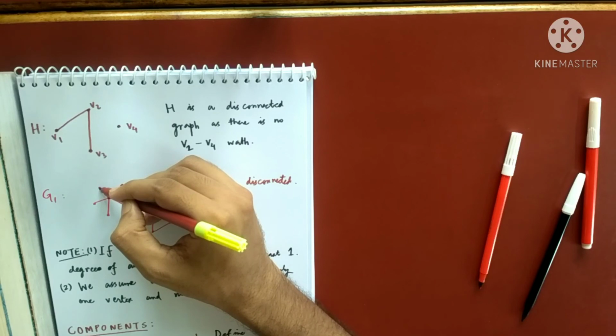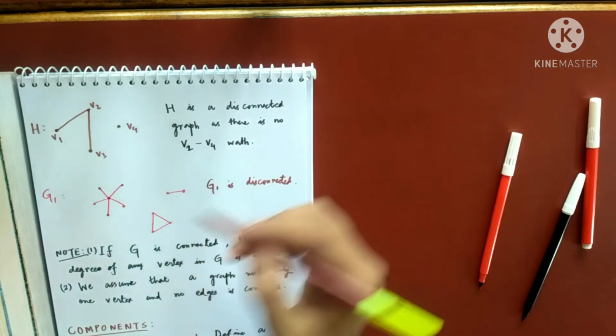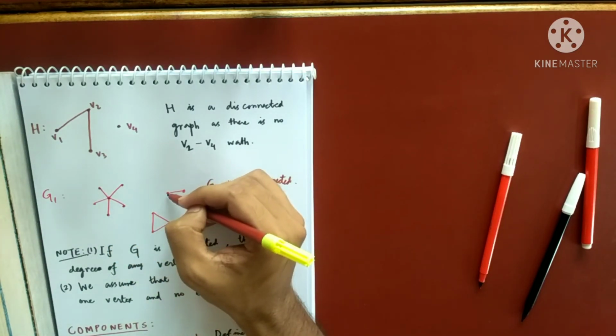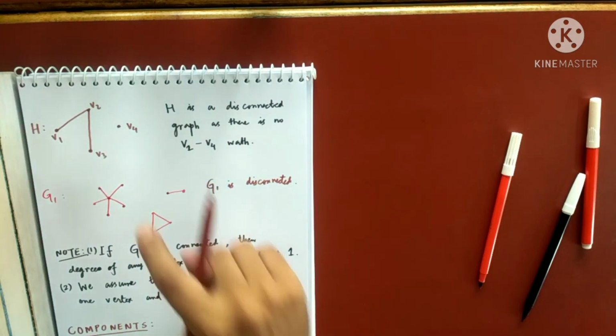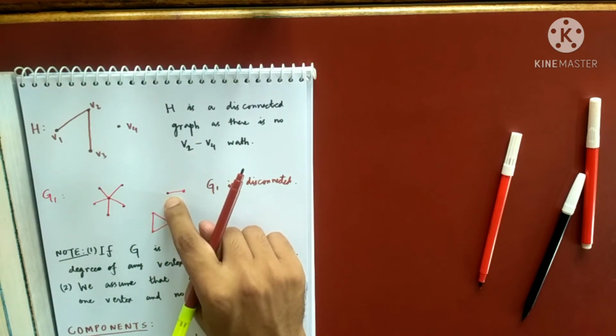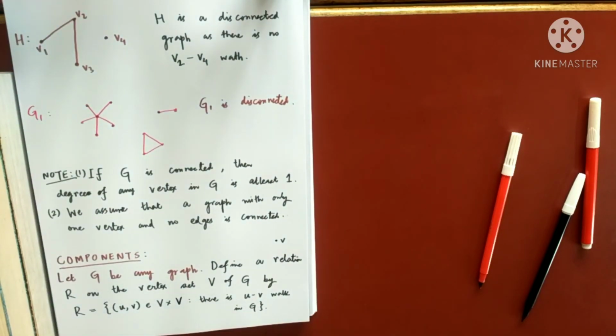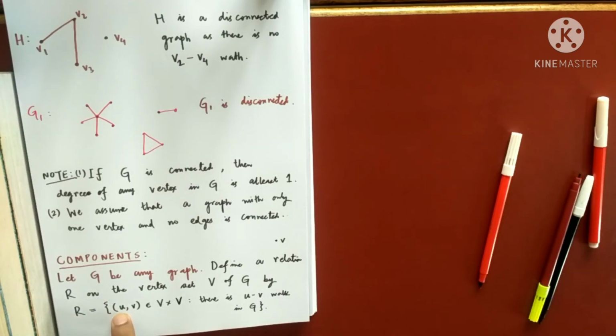You can see this is the walk I'm talking about. But this vertex and this vertex are not related because I cannot find a walk from this vertex to this vertex. So I hope you have got the idea what the relation is. This relation will comprise those pairs of vertices for which I can find a walk from the first vertex to the next vertex.